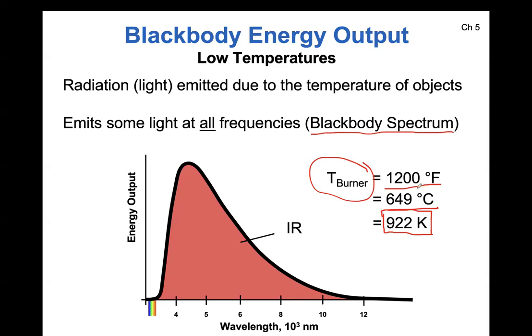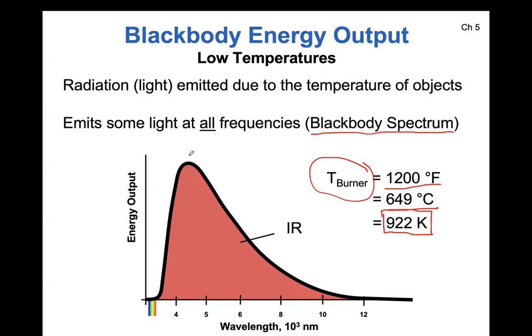But getting back to our burner here, that's glowing red hot, so producing some visible light. It's got this curve. So this would be the curve of its energy output. Notice the vertical axis. The vertical axis just represents how much energy is being produced.